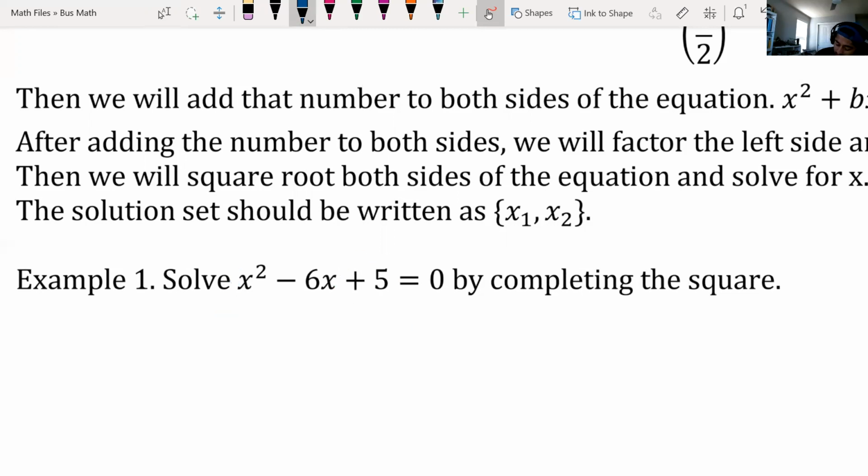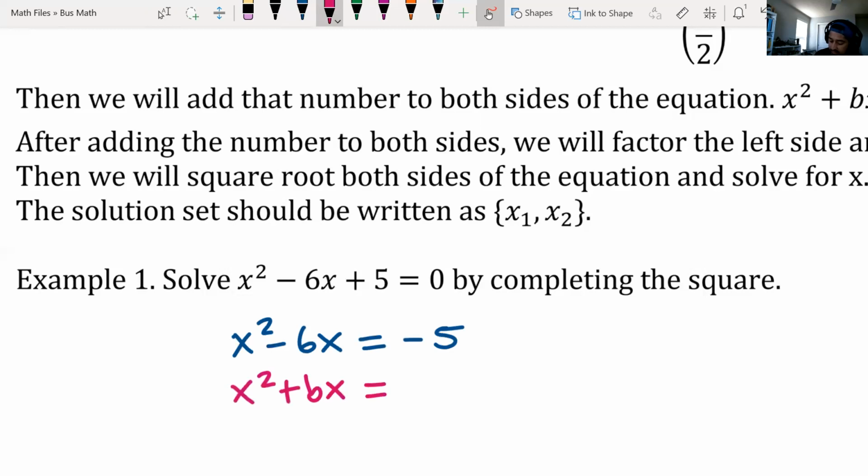So we're going to rewrite this as x squared minus 6x equal to negative 5. Now this looks just like the perfect form that we need. And since it's in the perfect form, we are now going to complete the square on it.